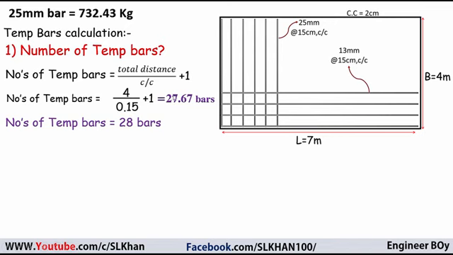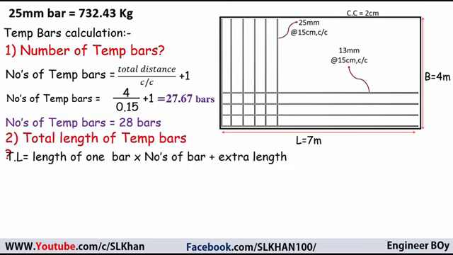We can't say 27 because if we decrease the value, there can be a huge spacing between 2 bars. So that's why we're going to increase the value to 28 just to overcome those contingencies. So the number of temperature bars is now 28 bars.